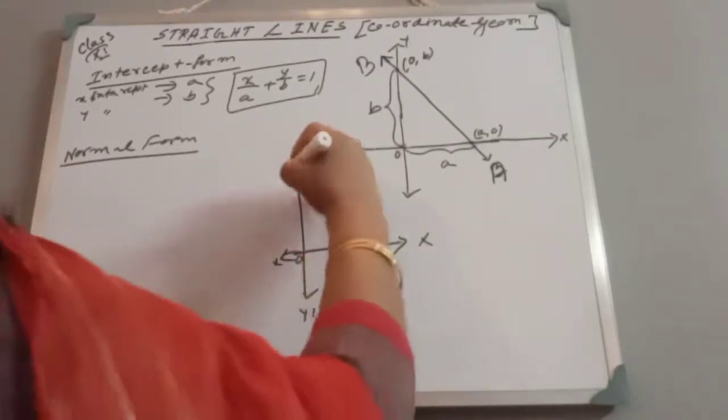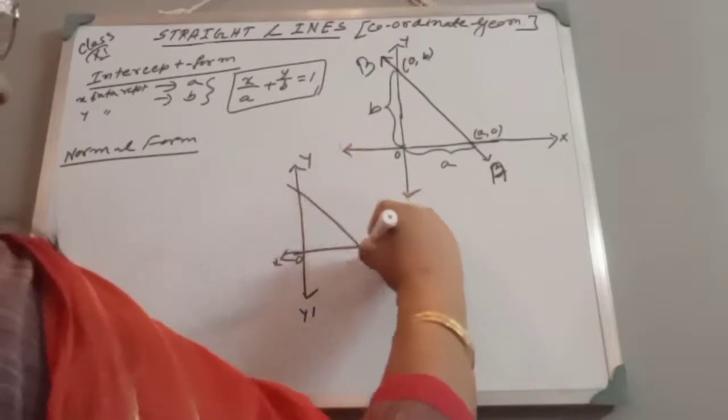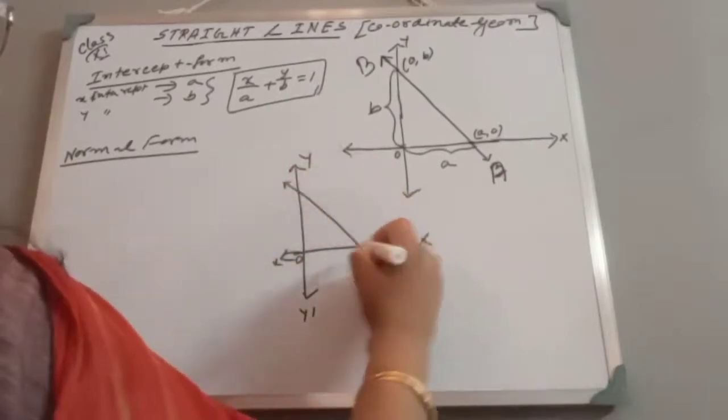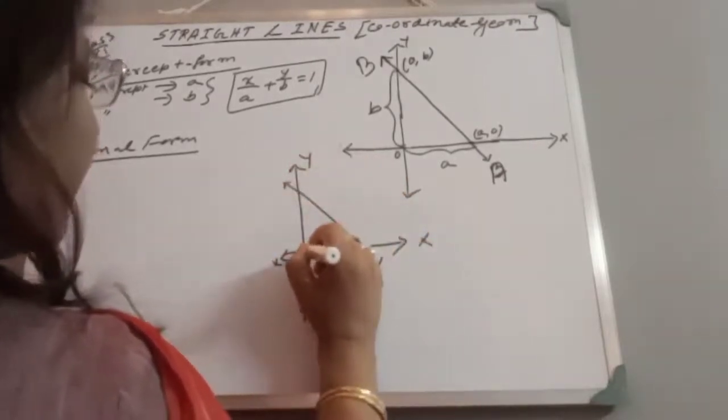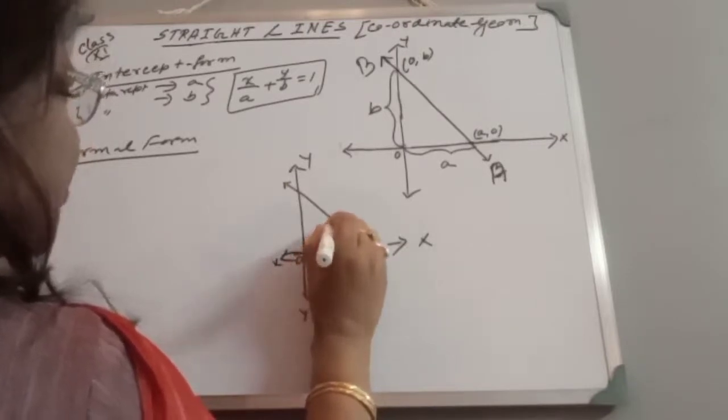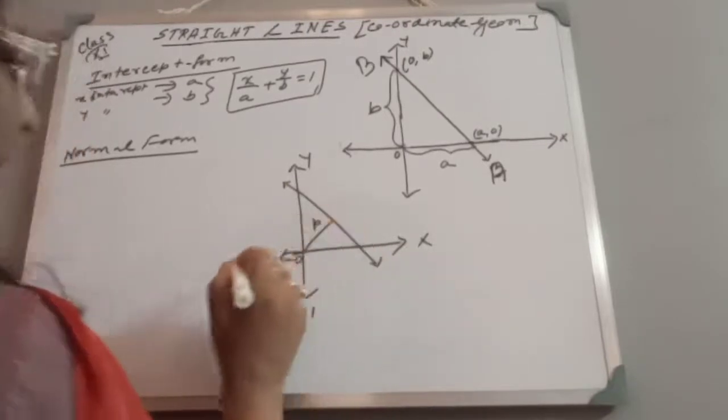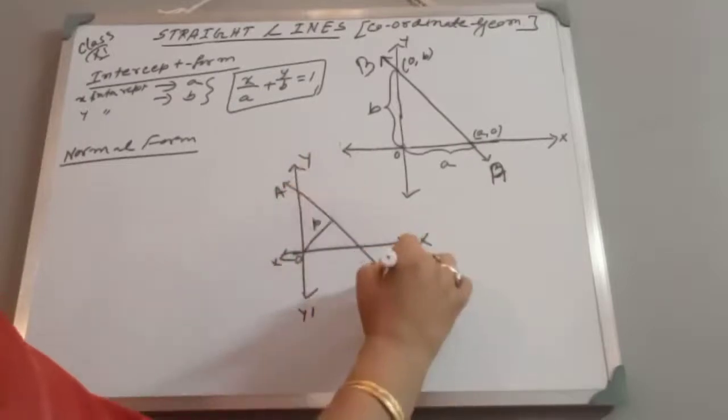A straight line like this, and from the origin a perpendicular, that is P, is drawn to the straight line AB.